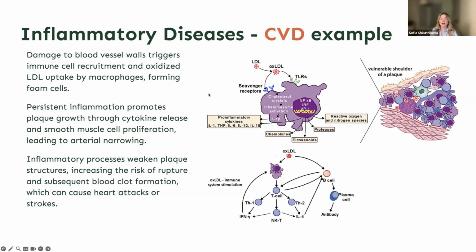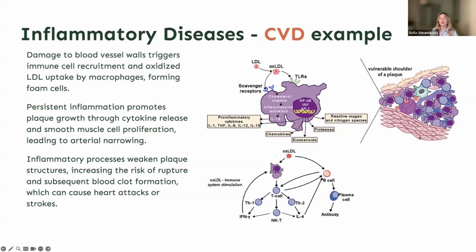What happens then is that macrophages that are on site will take up oxidized LDL cholesterol and create foam cells. These foam cells will in turn secrete inflammatory molecules that promote the growth of the atherosclerotic plaque and lead to arterial narrowing.